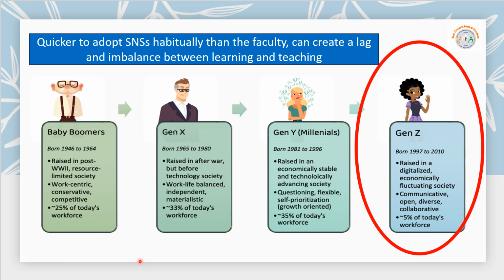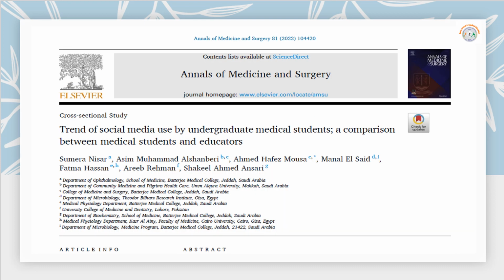So we have to consider this generation Z because we are planning the medical education for them. Here lies the importance of networking. So we teachers, whether we want or don't want, our students are already on these networking platforms. There is a publication on the trend of social media used by undergraduate medical students.